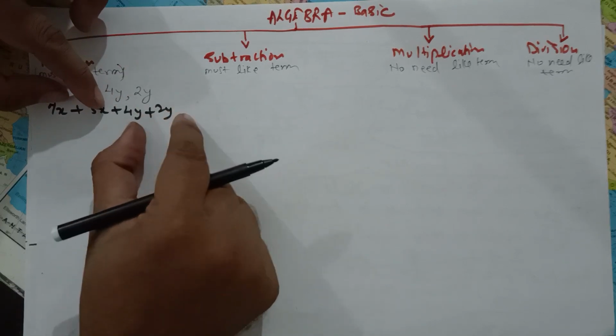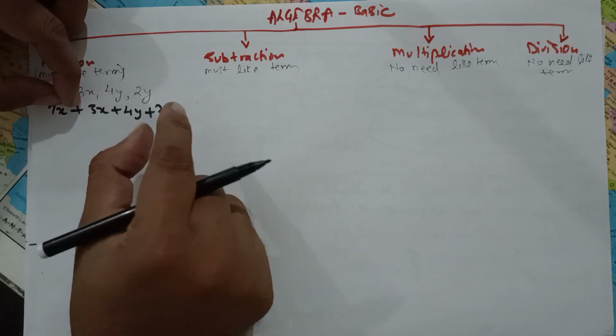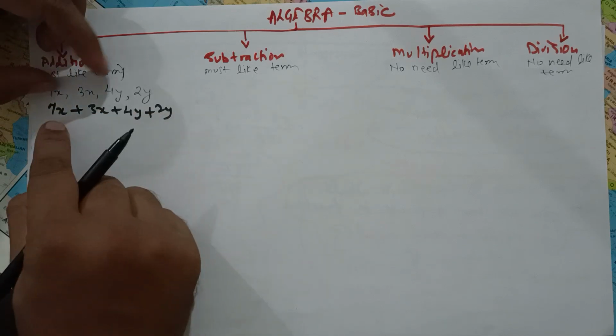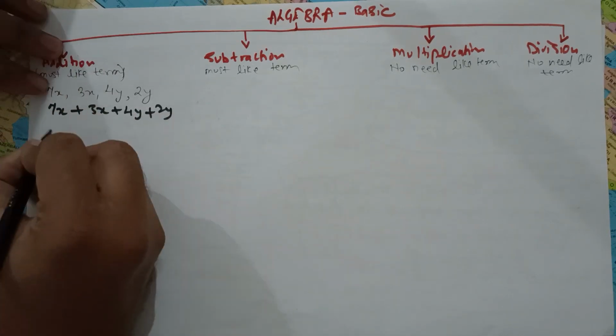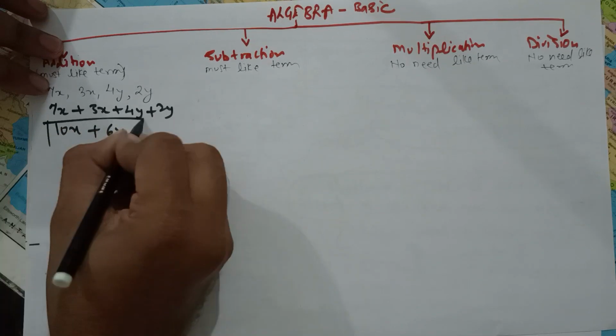This is a like term, here this is a like term. So this like term goes to this like term, and the same term goes to the same term. So only the numbers should be added. 7 plus 3, 10x. And again 4 plus 2, 6y. This is your final answer.